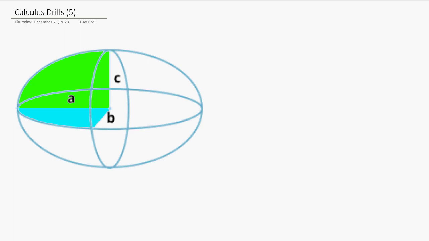The previous one was easy. Quick review: it was x plus y equals 1 as the boundary, and x equals 0, y equals 0, and we calculate the volume above this triangle.